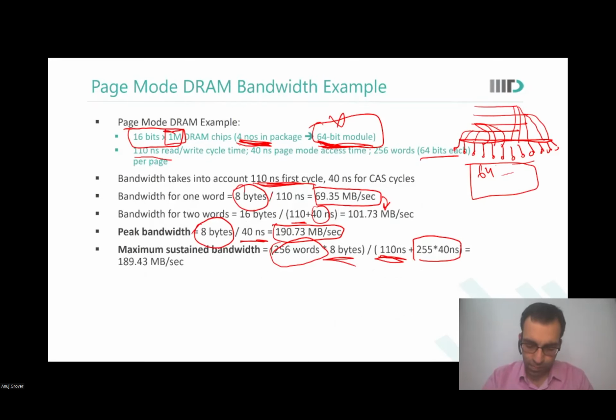Sir, here first we need to do a row decoding, and then after that we can decode the column addresses. So we will need maximum sustained bandwidth. What is the significance of this peak bandwidth? Peak bandwidth is the bandwidth that you would require in your buffer, for example.